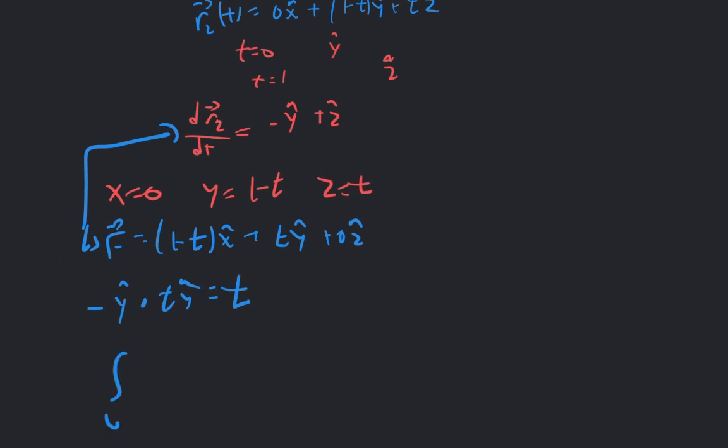So then we're going to take the integral from 0 to 1 of negative t dt. Just as before, it's negative 1/2.